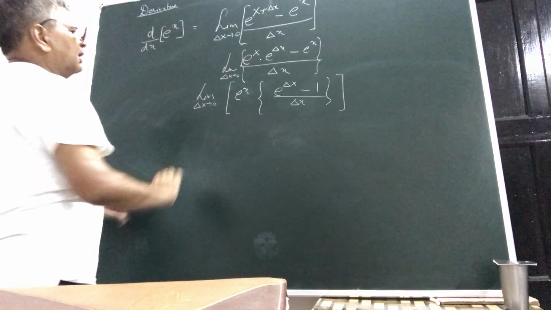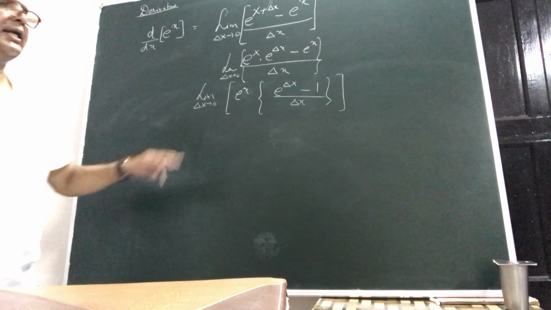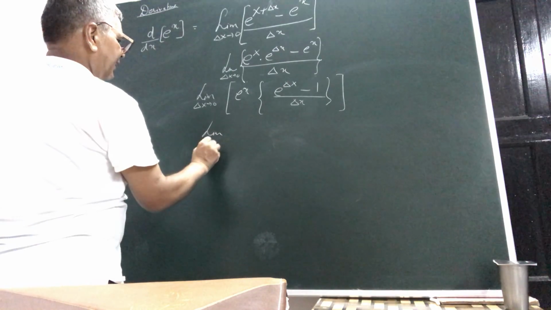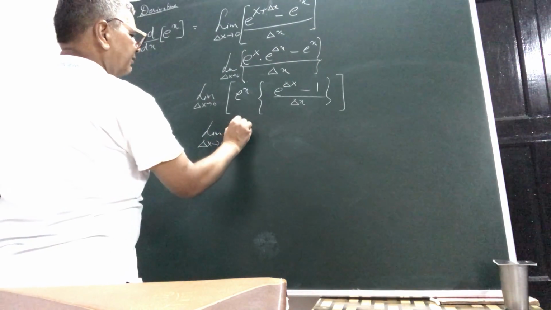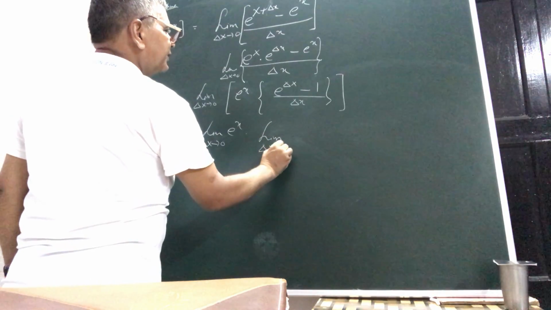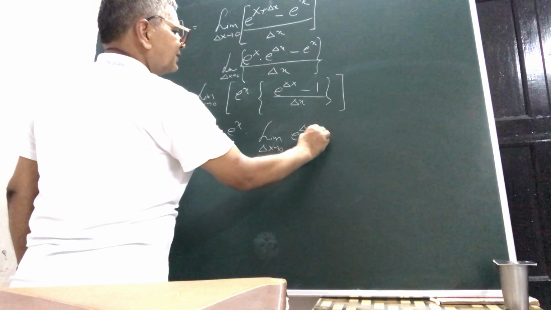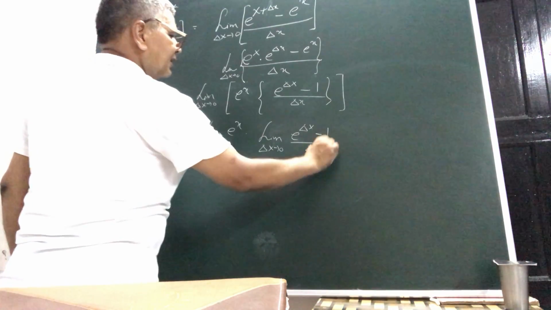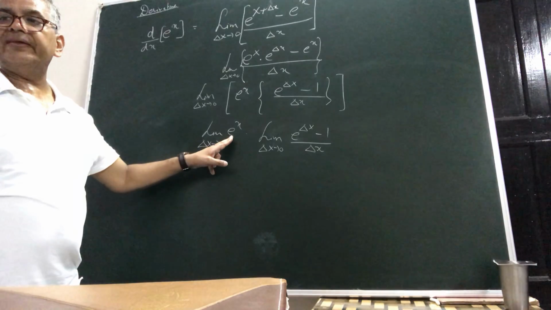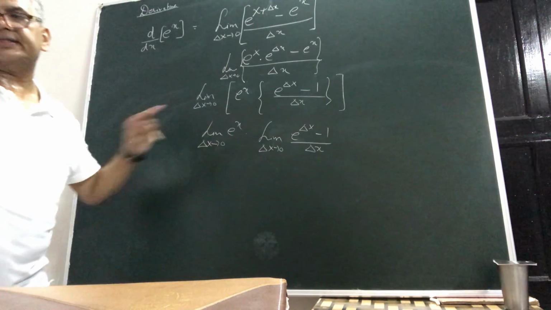Now please see, x is constant, only your delta x is changing. So this is nothing but limit delta x tends to 0 of e raised to power x into limit delta x tends to 0 of e raised to power delta x minus 1 upon delta x. Now students, you have to be very wise here, and this needs a little bit of understanding.